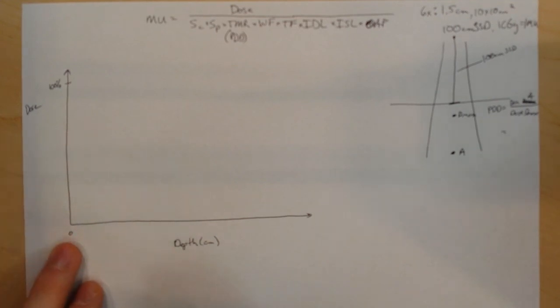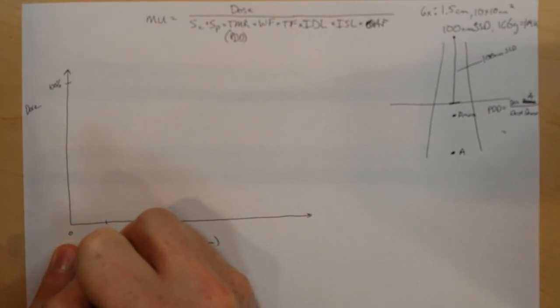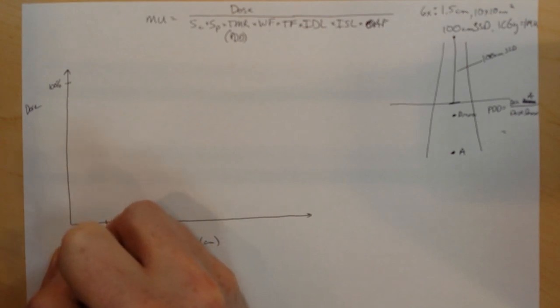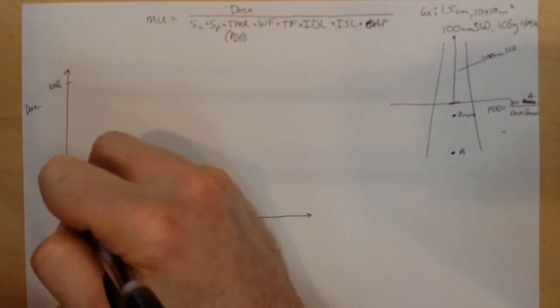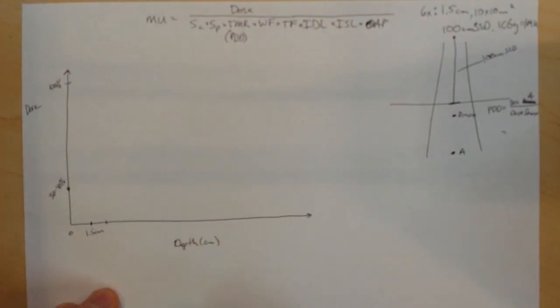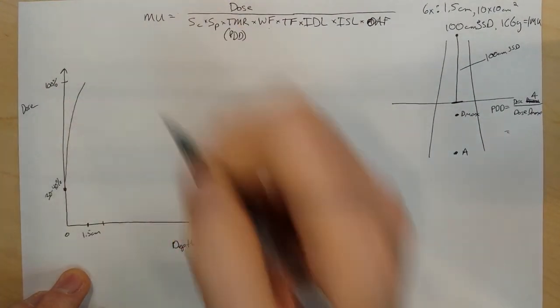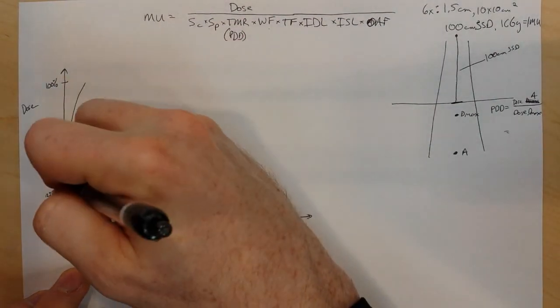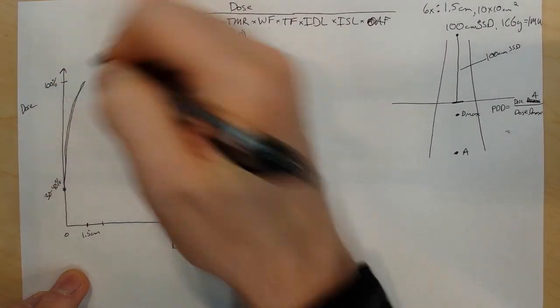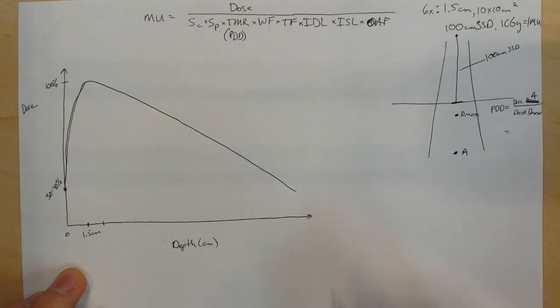This is my skin surface at 0 centimeters. 1.5 centimeters is Dmax, so we have around a 30% to 40% surface dose for 6X. We get a buildup to a maximum dose at 1.5 centimeters. It peaks and then it begins to taper and fall off in the patient.